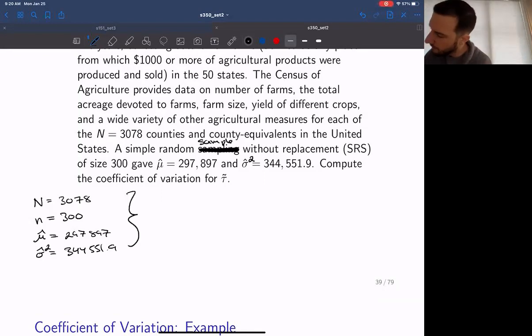All right, so from the previous slide, we know that the coefficient of variation for tau tilde is equal to the coefficient of variation for mu tilde.